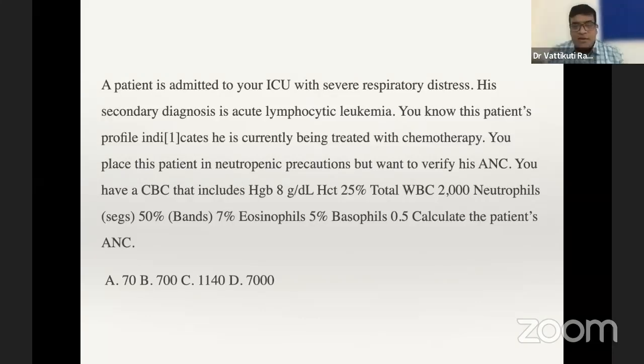So, does anyone know how to calculate the absolute neutrophil count? Here the absolute neutrophil count becomes very important for us, especially in patients who have undergone chemotherapy or have an underlying malignancy, where you want to isolate them. If anybody wants to speak, they can raise their hand so that we can allow them to talk and explain the answer.